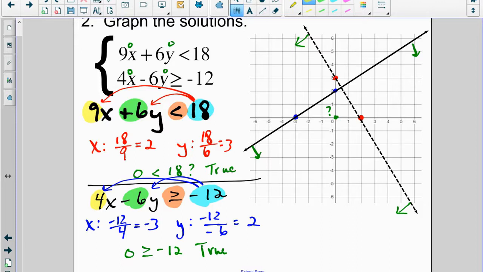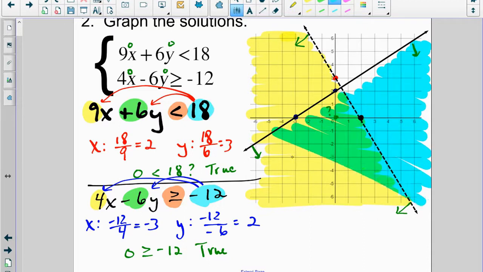Well, my first inequality was the dashed line, and we said that we should be shading the lower left-hand side of the dashed line. Shade that in yellow. My solid line was the boundary of the second inequality, and we said we should shade the side that has 0, 0, so that's the side underneath that one.